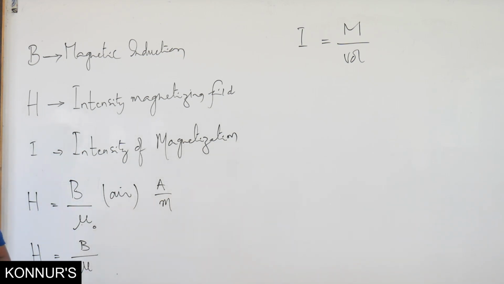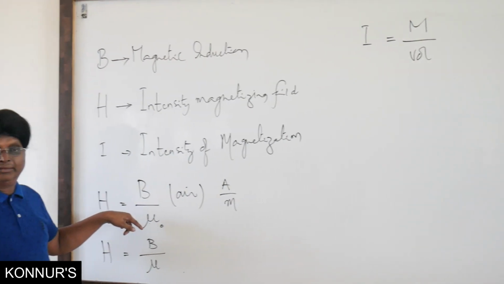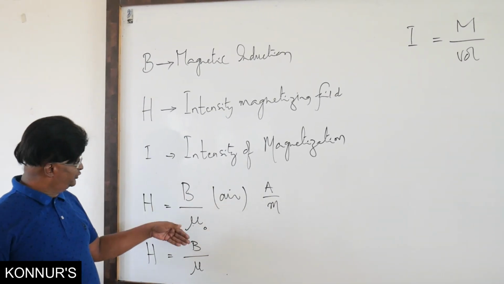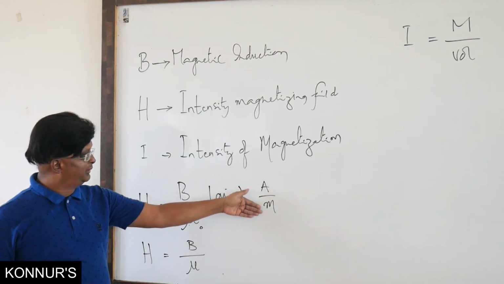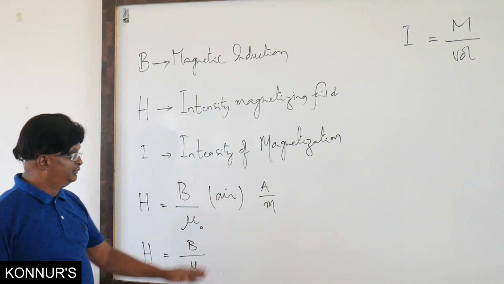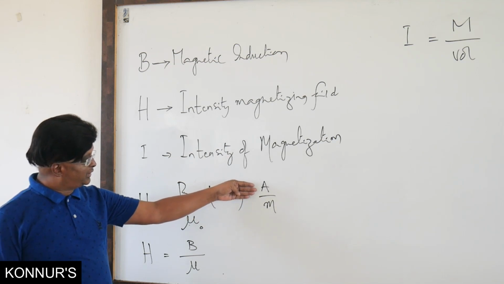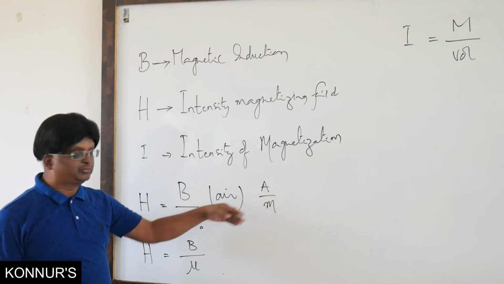Supposing you don't remember that, for B it is Newton per ampere meter, and mu naught you remember it is Newton per ampere square, so you will remain with ampere per meter.